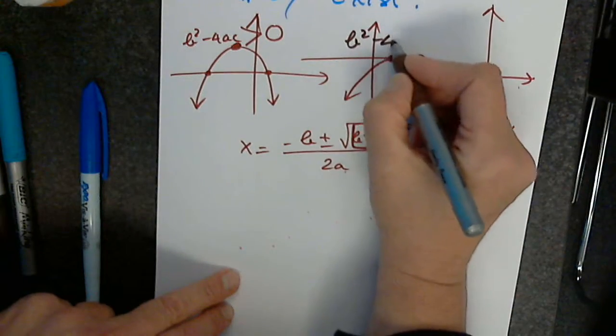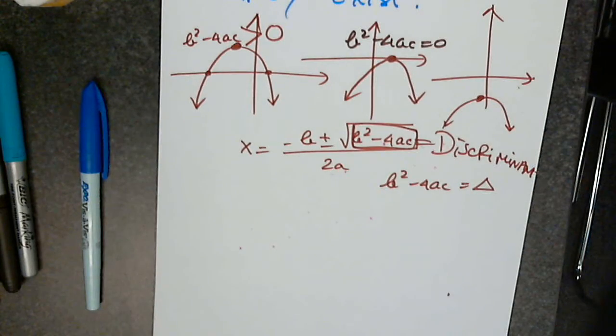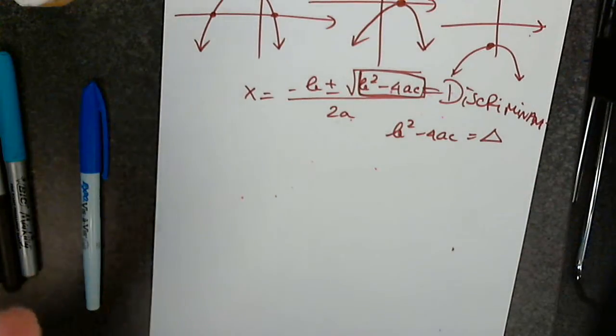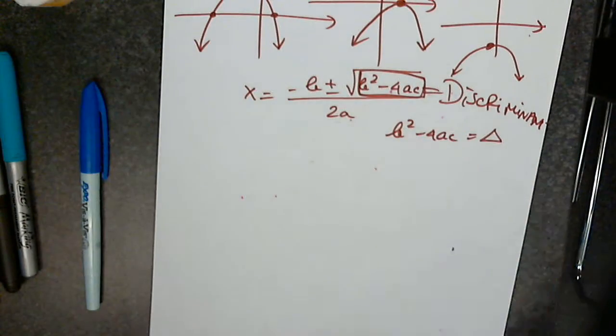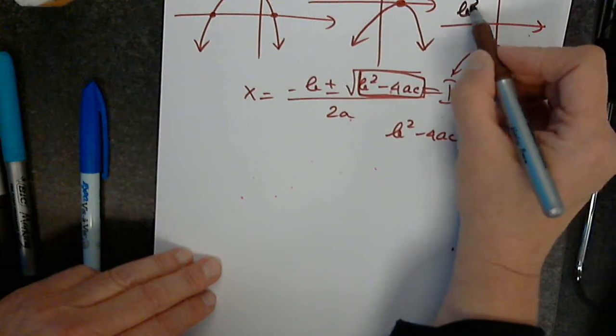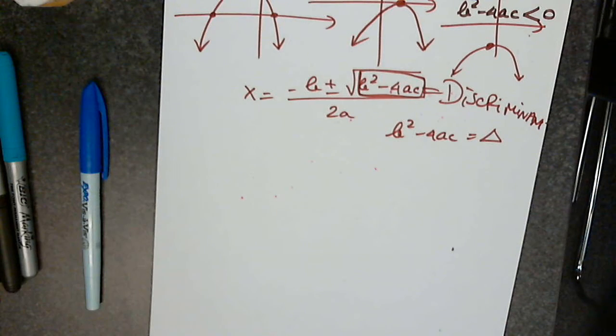So here b squared minus 4ac must equal 0. And what about here? Right, because I can take the square root of a negative number and I will not have real solutions at all. The solutions are imaginary. So in this case, b squared minus 4ac is less than 0. Any questions?